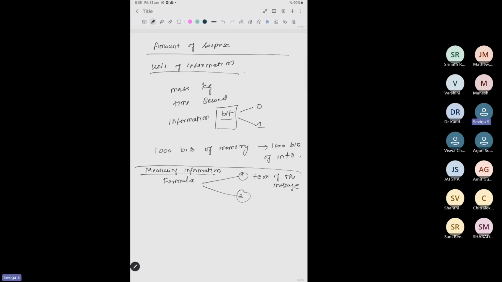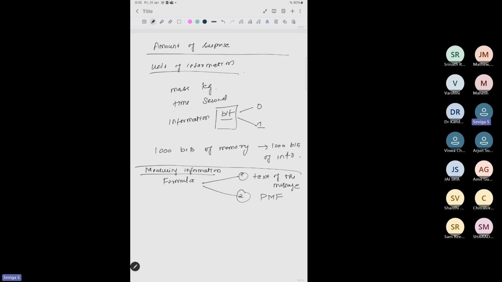The second one is the probability mass function. So to measure the information, there is a formula which uses two things: one is the text of the message, and the other one is the probability mass function.